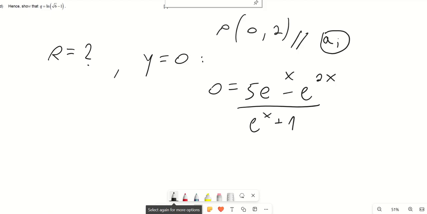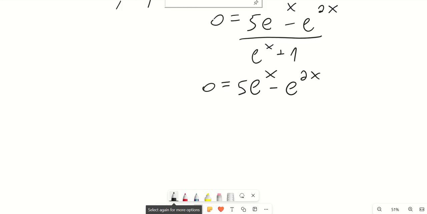So I do common denominator, but on the left hand side it is just multiplication by 0. Then I get 0 equals 5e to the power of x minus e to the power of 2x. Here I will take e to the power of x out, and I am left with 5 minus e to the power of x.